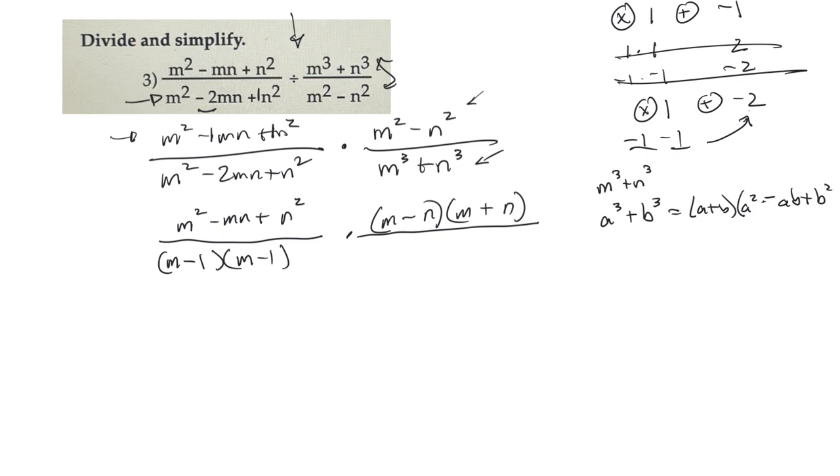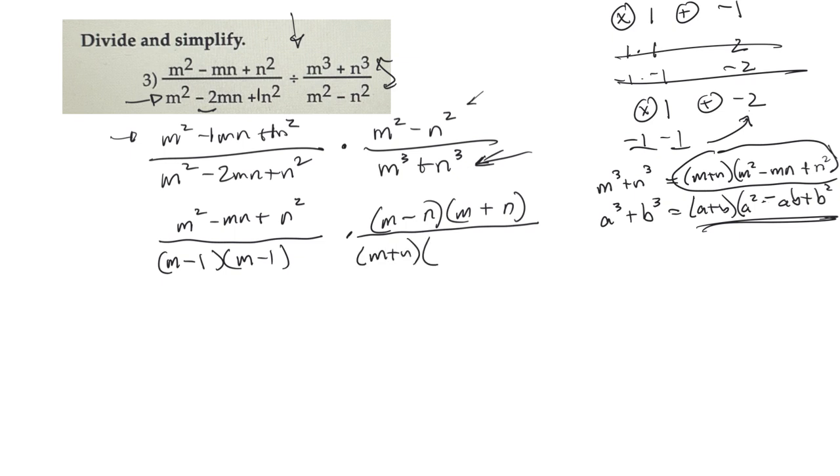If I use that same pattern with this, I'm going to get m plus n, and then m squared minus mn plus n squared. So I'm going to take this and replace it for that.